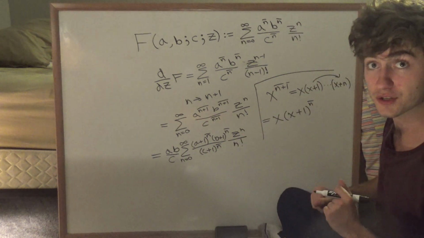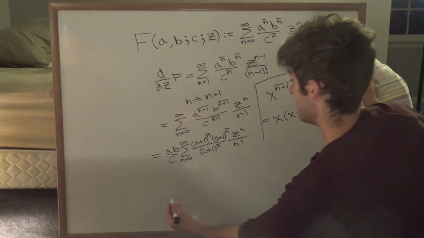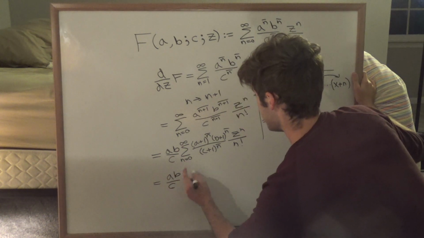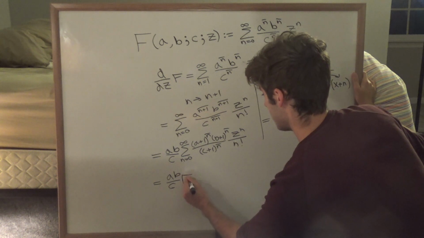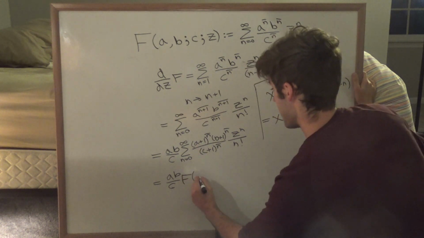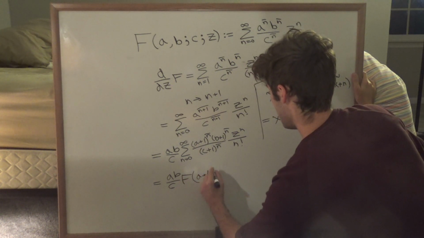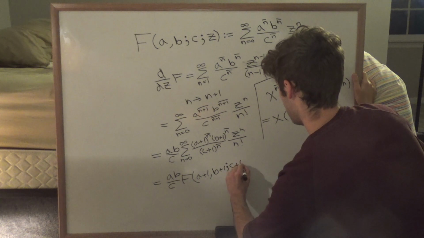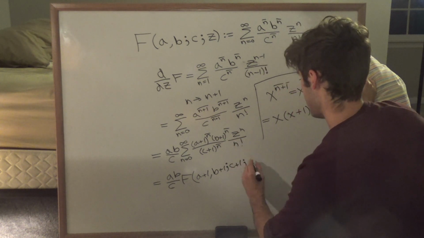I hope that was clear so far. And what is this? This is simply a times b divided by c times the hypergeometric function evaluated at a plus 1, b plus 1, semicolon, c plus 1, semicolon, and z.